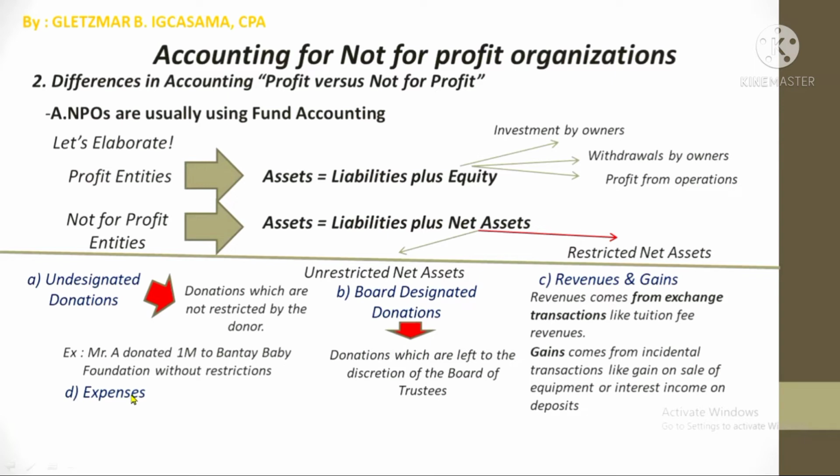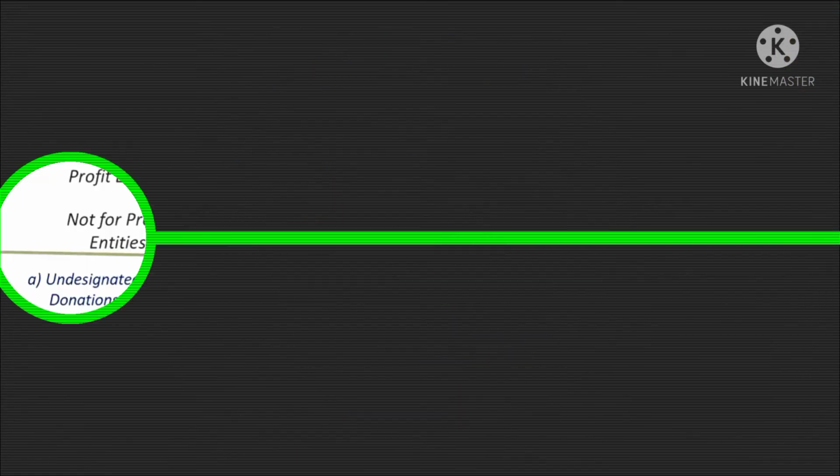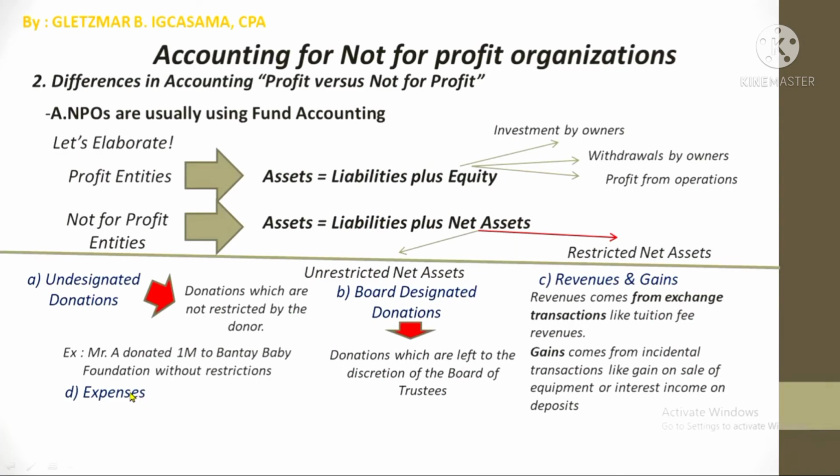Because logically, how can you use or spend the restricted fund, right? So the logic again is if it was recognized as an expense, it is considered spent and you can only spend those funds that are unrestricted. I hope that's clear. Now let's go to the classification of expenses.